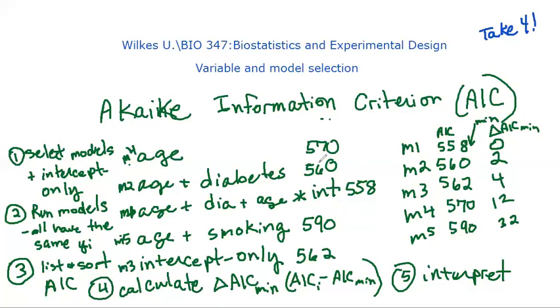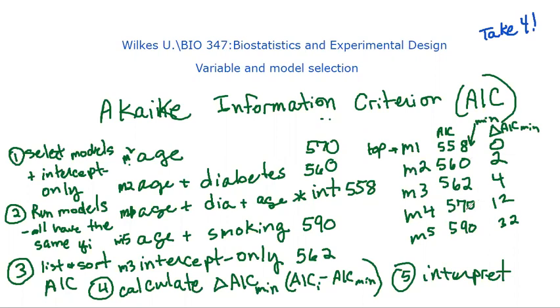Okay, so let's make some space. Can't do it there. All right, so let's just, I'll do this. So this is our top. And the distance in AIC units, this is why it's all relative.